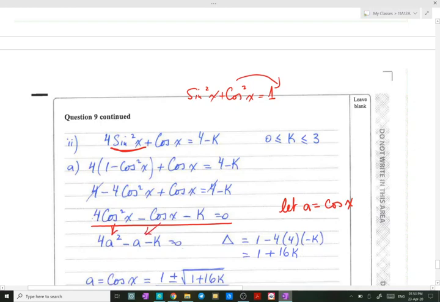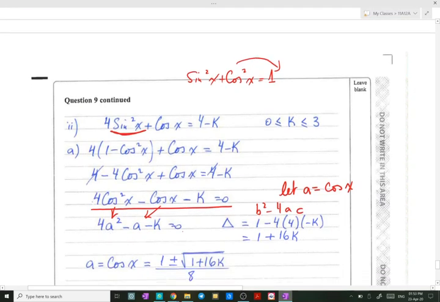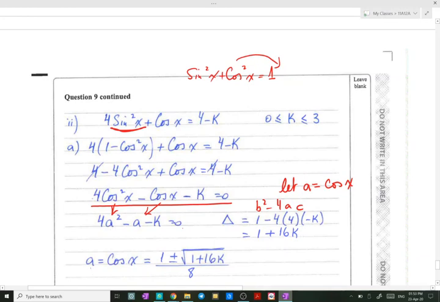This is a quadratic equation, so you use the discriminant, b squared minus 4ac, which is equal to 1 plus 16k. So a, which is the root, or in other words cosine x, is equal to minus b plus or minus square root delta over 2a, which is interpreted into 1 plus square root 1 plus 16k, over 8.